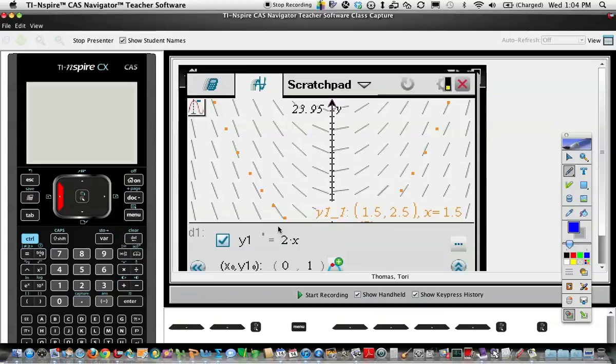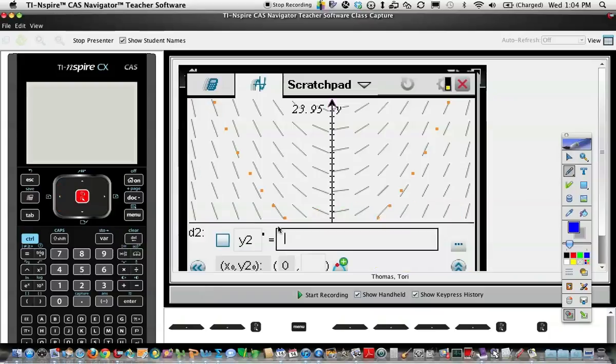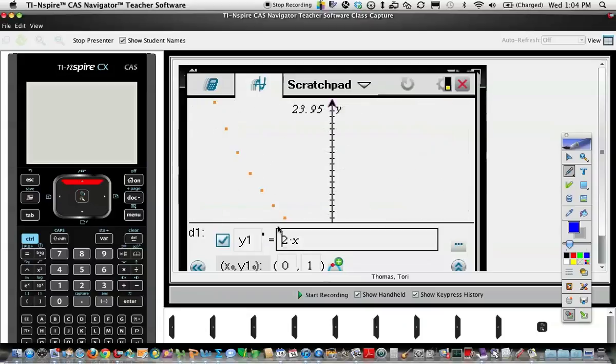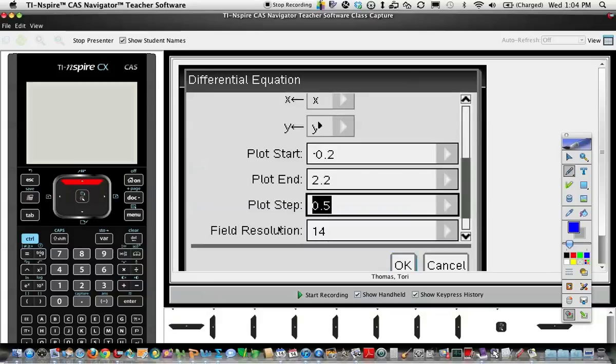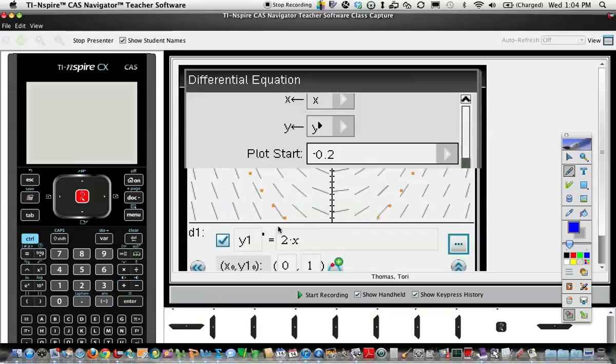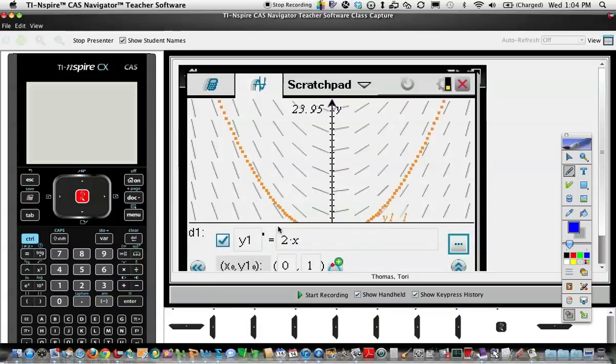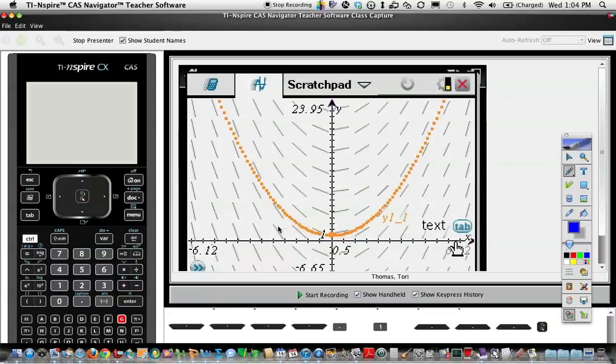All right, go back to your parameter settings and change the step size to 0.1. Got to be a shortcut to get to those settings. Change the step size, the plot step, to 0.1, and now this should be more accurate. So now when you trace, notice you got more dots.